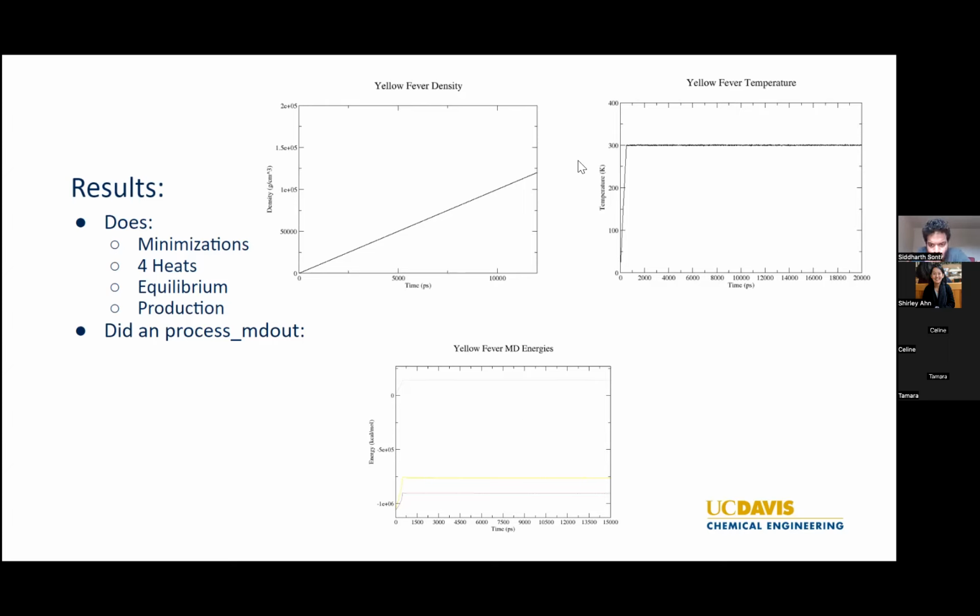I wasn't sure how to change the colors of the graphs, but it starts up here from 0 and stays constant up here, and there are some down here, but that's the energies I was able to find from it. I don't really have much more, to be totally honest, but that's basically all I have.